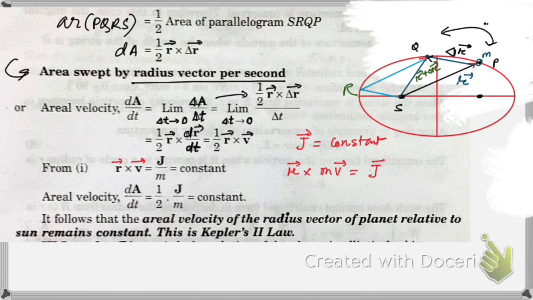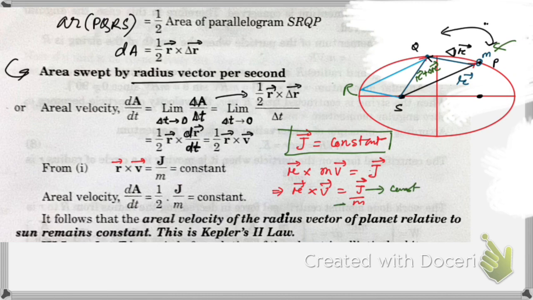Here it can be written as r cross vector v equals J by m. We have already shown that angular momentum is constant in this planetary motion. So if J is constant, and mass is also constant, then as a whole this is constant. So J by m is constant.